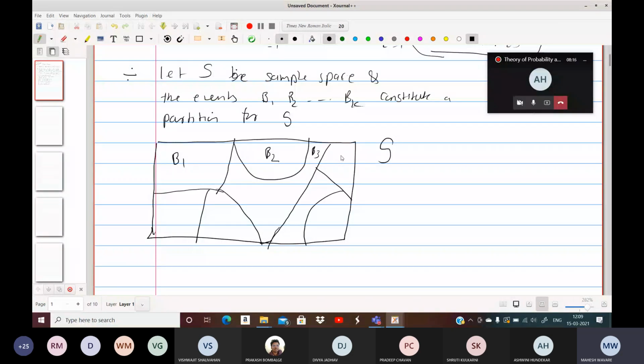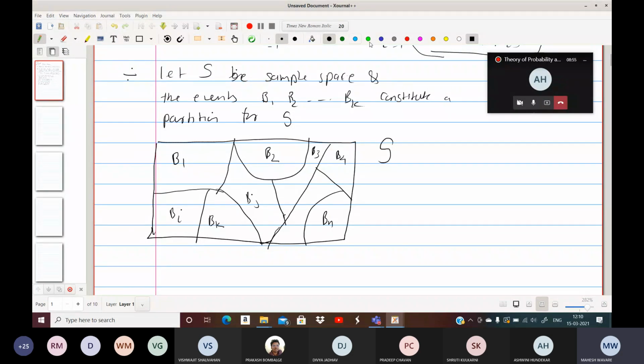Then next is B4, dot dot dot, we have Bn, and at last we stop at Bk. Somewhere here is also some Bi, and this is Bj. B1, B2, Bi, all are k in number. That you should keep in mind. No two overlap, everybody is different, and if you see the union, it is S.